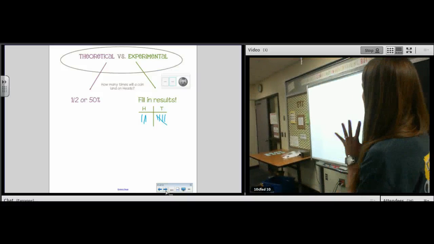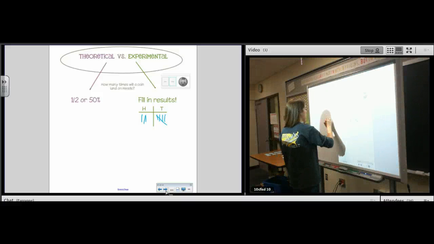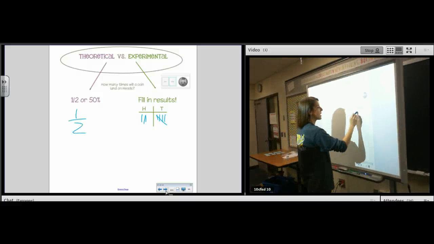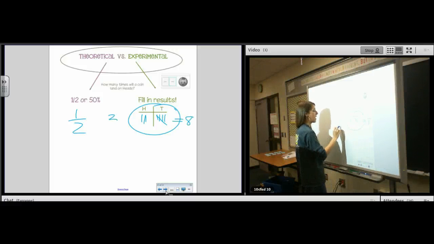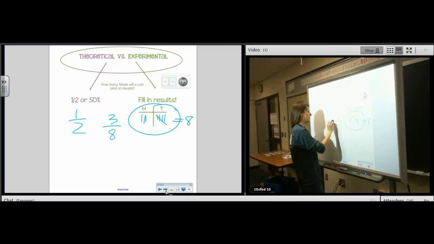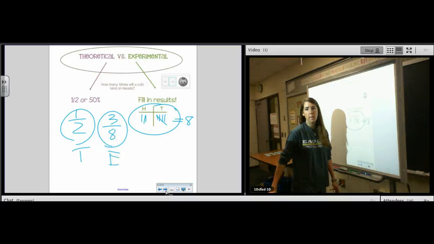Okay, so the theoretical probability is 1 out of 2 times. The experimental probability is I did this 8 times, and I landed on heads 3 out of 8 times. So this is the theoretical, and this is the experimental probability.